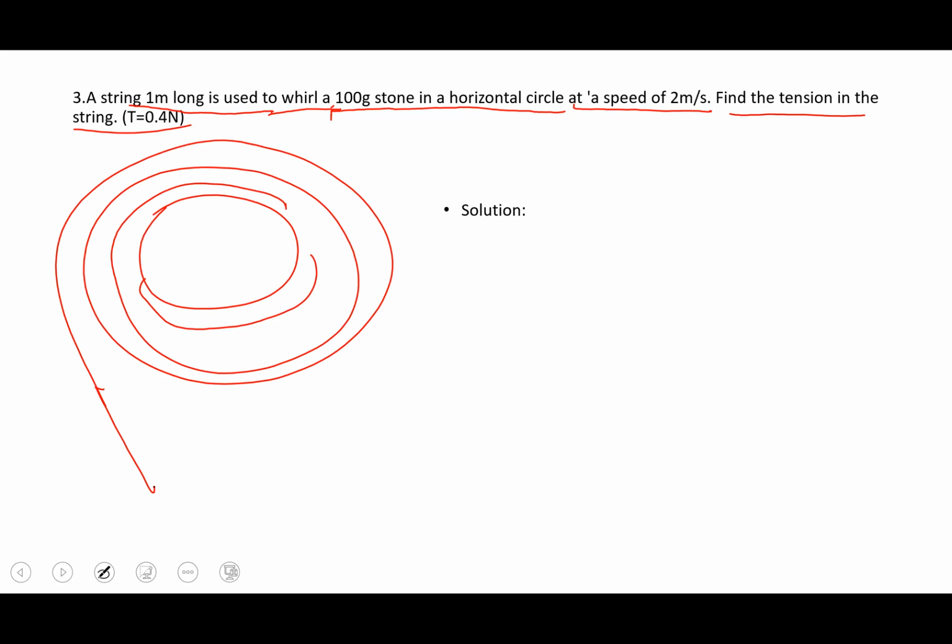How much is the tension in the string? That is the question. Because it is moving in circular motion, we have to keep in mind that the force which keeps a body in circular motion is the centripetal force, which has the formula Fc is equal to mv square over r, where r is the radius.